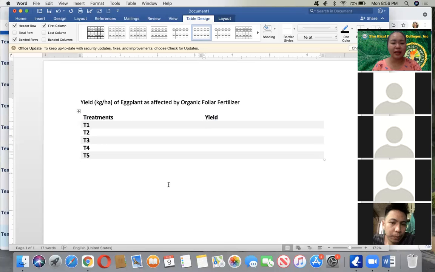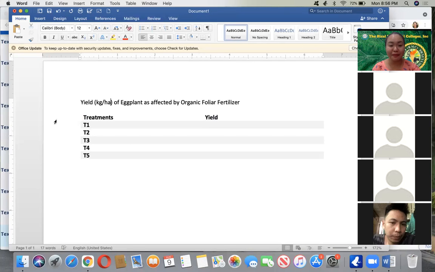And let's say your eggplant yield is in kilogram per hectare, no? Usually it is in tons per hectare. So let's just not say per hectare because I cannot memorize the standard, or any one of you who knows the yield of eggplant, usually in kilograms in a hectare.